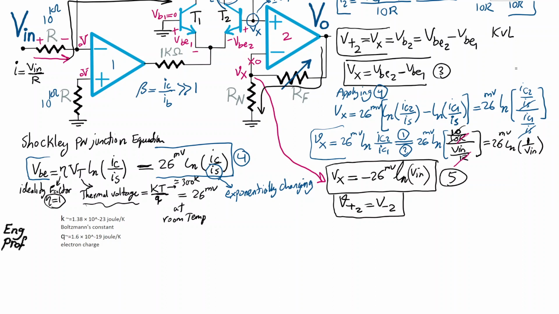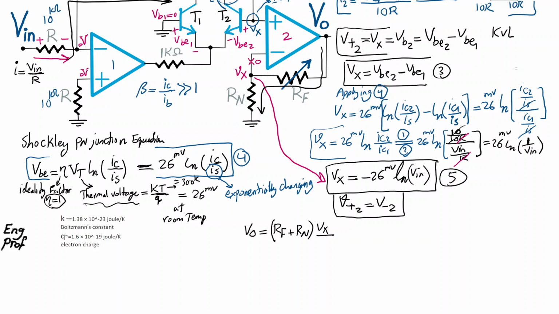So therefore I can say Vout is equal to RF in series with RN, the sum of two resistors in series effectively, times the current, and the current is Vx divided by Rn, because across Rn is only Vx.